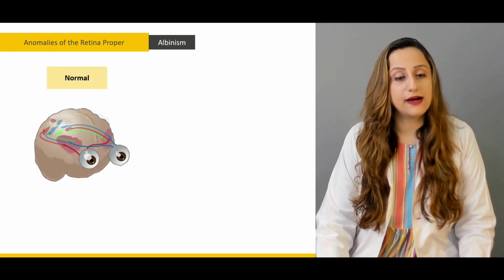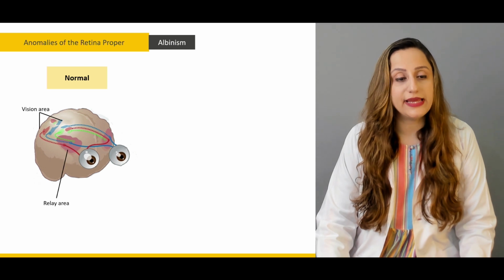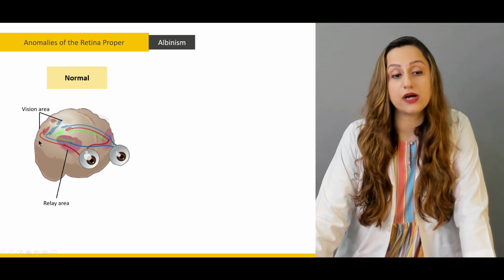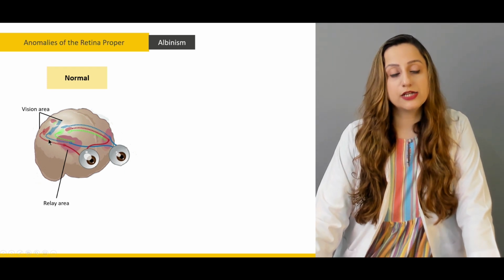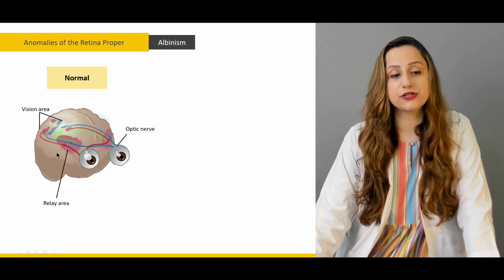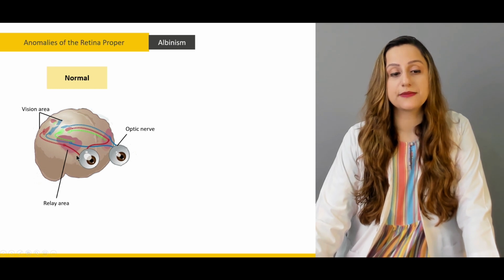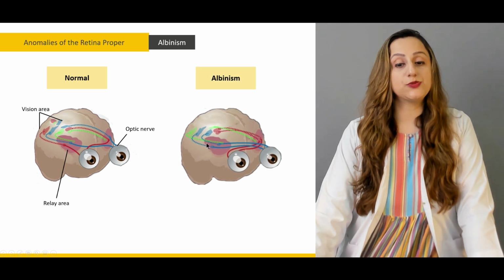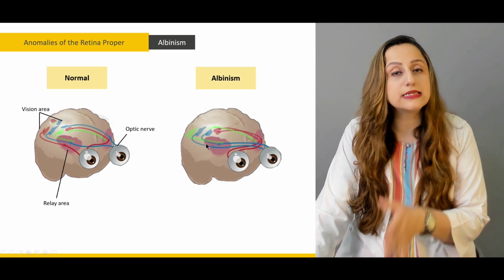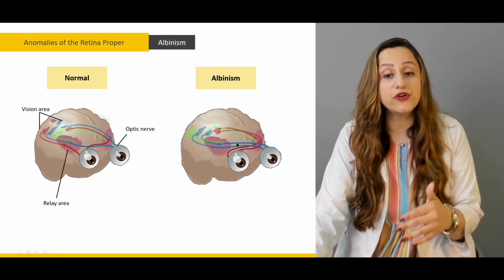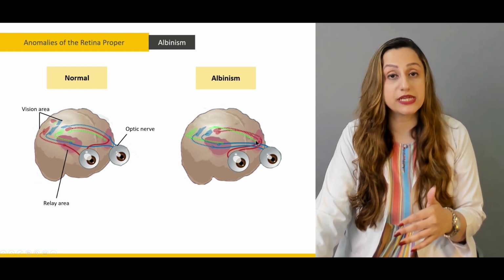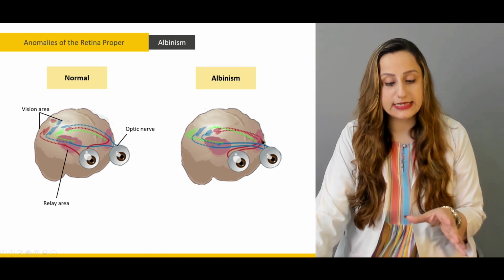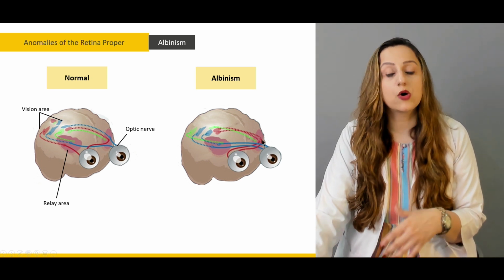Now, this is a normal eye, and when we compare this relay mechanism in which the messages are sent from the relay area to the visual cortex, you can observe that the optic nerve is basically sending messages from the retina towards the visual area. On the other hand, we can observe that in the albinistic view the overlay of the tissues at the optic chiasma is quite exaggerated, and the ganglionic cell layer over here is quite disturbed.